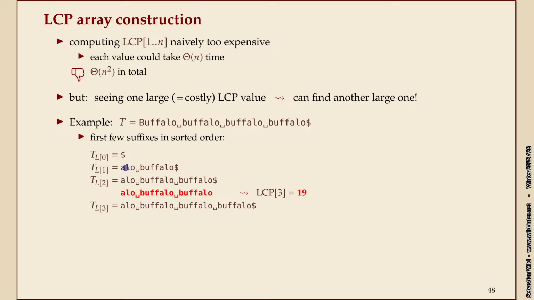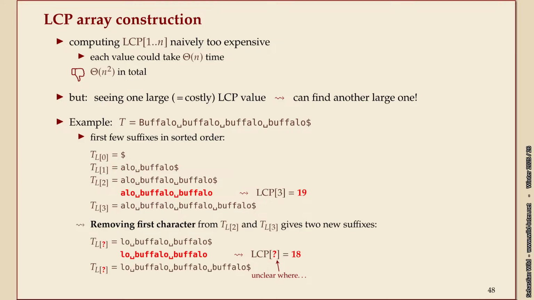Let's pretend the text has these suffixes. My point is, if you have two suffixes that are adjacent in sorted order and they share a long common prefix, guess what? If you take away the first character of both, they still share essentially the same prefix except for the first character that they both lost. So if the LCP here has a large value, removing the first character gives you another place where there's a long shared prefix.